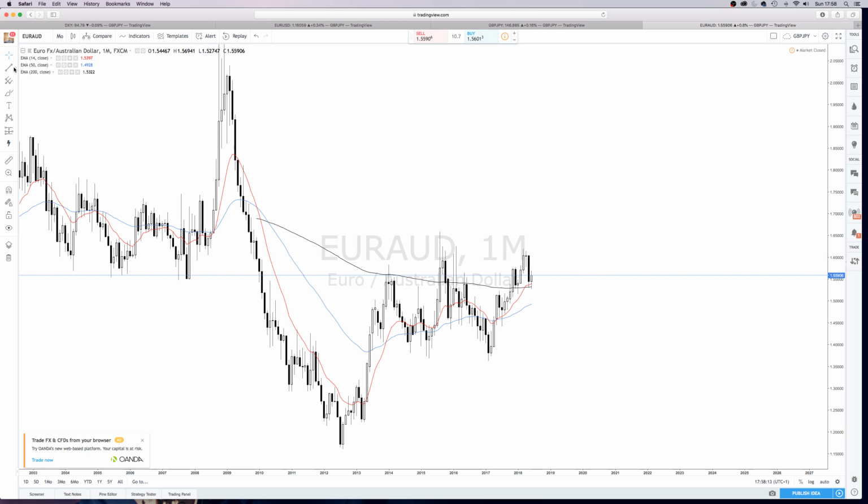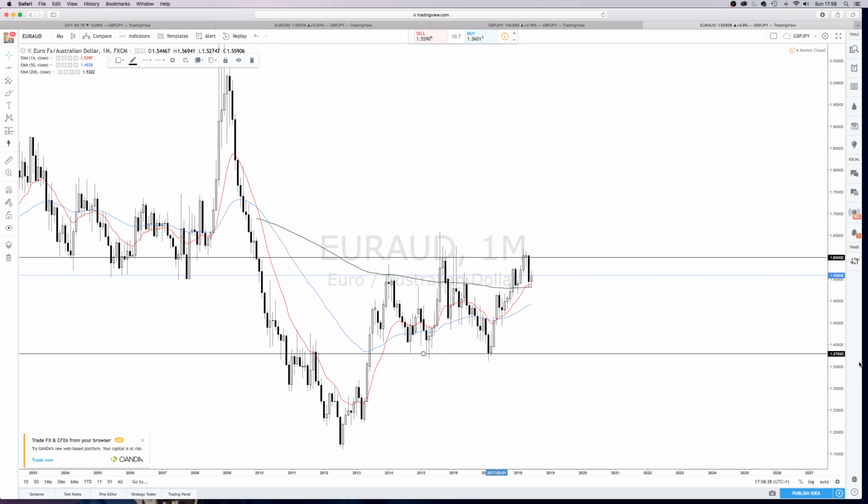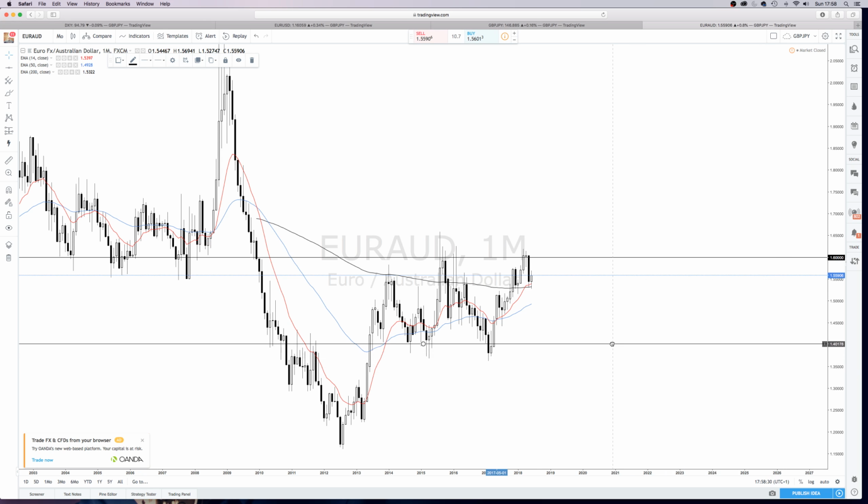Let's just have a look where that would go. 1.6 flat. Okay. And then we've got the bottom of this sort of range on the monthly, of course. I mean, a stronger area, probably the 1.4 level.